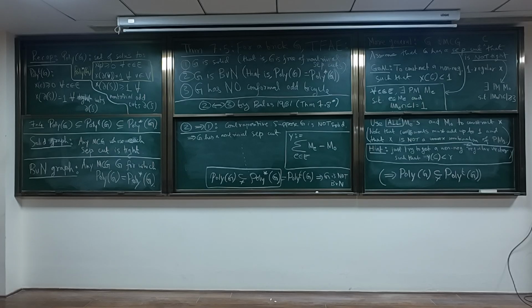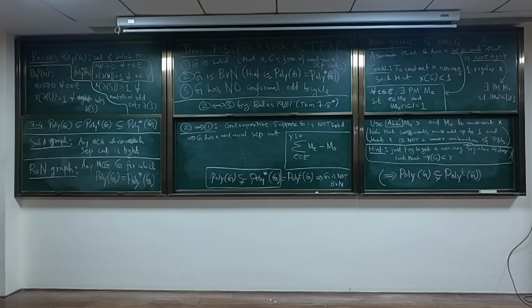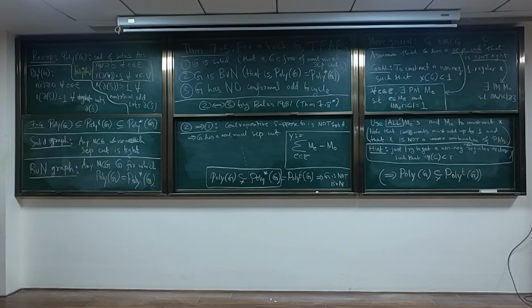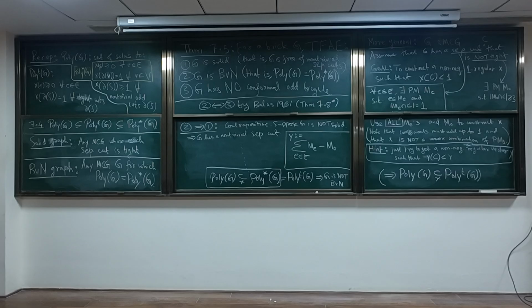So if you add up 20 perfect matchings, it doesn't matter which edge each perfect matching uses, the sum at each vertex will be 20. And now you are subtracting one perfect matching. The sum will become 19. You agree? So the sum at each vertex is 19. So it is a 19-regular vector if my number of edges is 20.